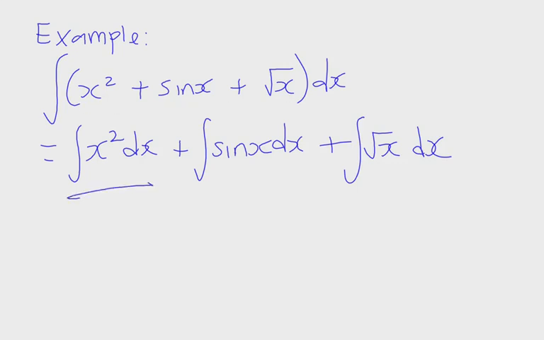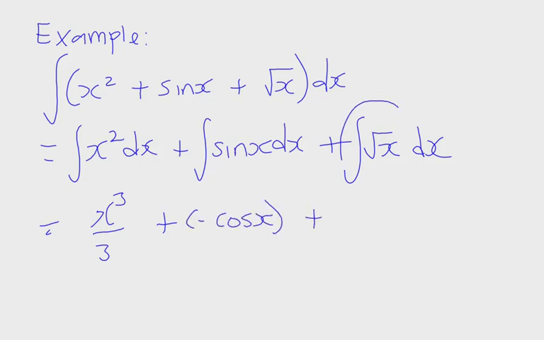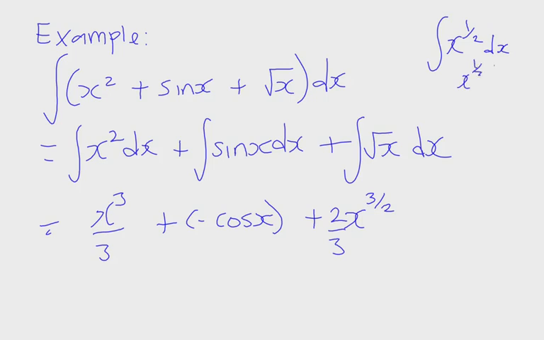So for this one, we have x cubed over 3, plus the integral of sine x, which is minus cos x, plus the integral of the square root of x. You can write it as x to the power 1/2 dx, so x to the 1/2 becomes x to the 3/2 over 3/2, that is x to the 1/2 plus 1.